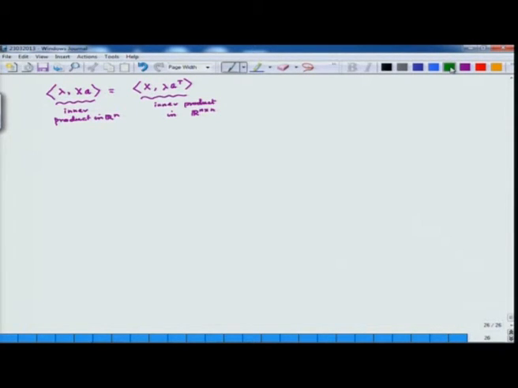So, once I know this, I look into it a bit more deeply. It is the same as what we have written on the last page, the trace of X A lambda transpose.